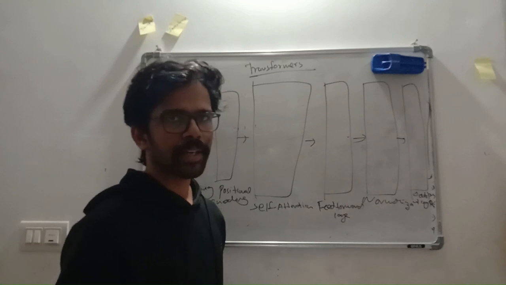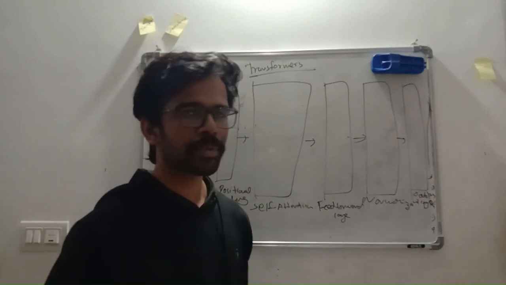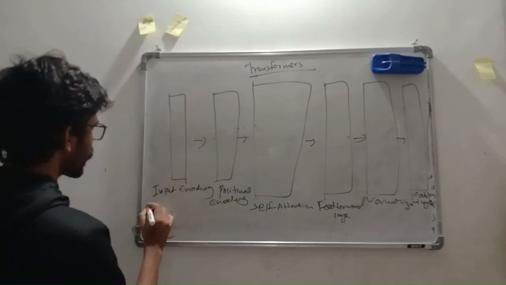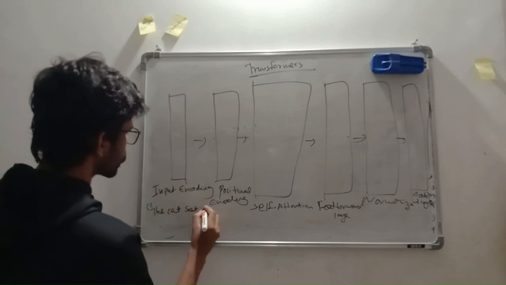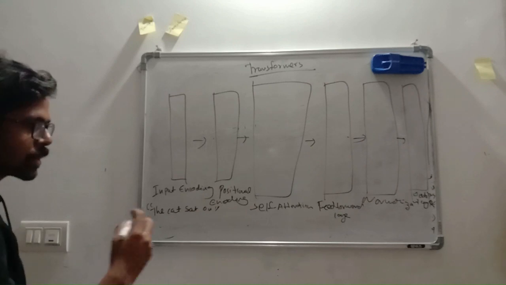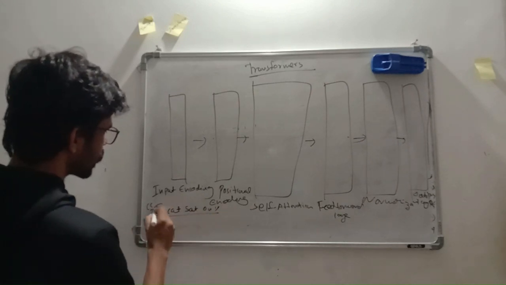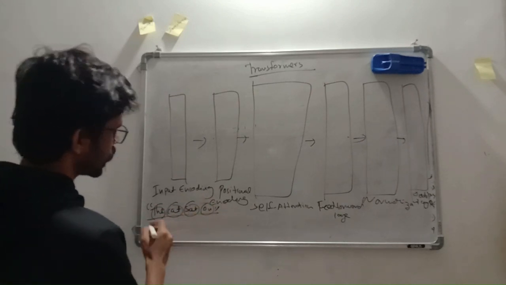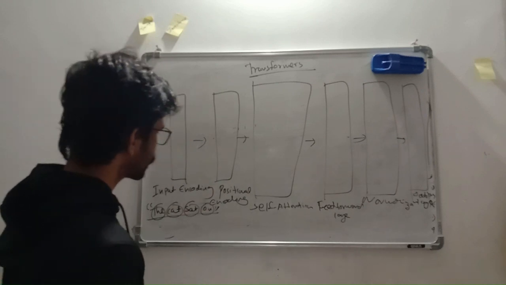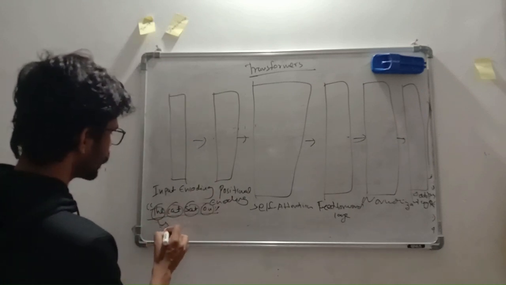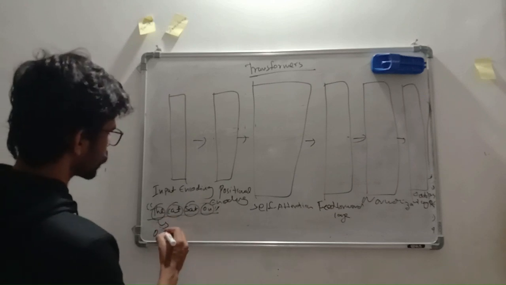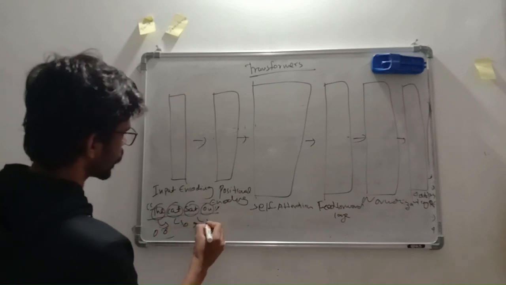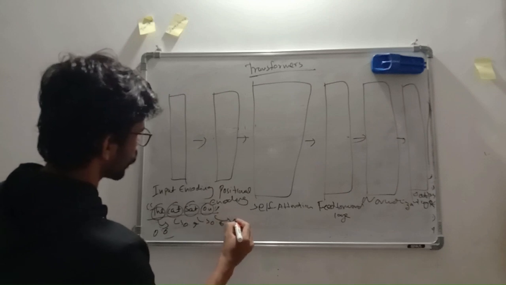Let's explain these layers by giving an input. Say we are giving an input, "the cat sat on." This sentence is split into tokens, which, simply speaking, are these individual words, and we give each a number, say 0.6, 0.7, 0.8, and maybe 0.4.